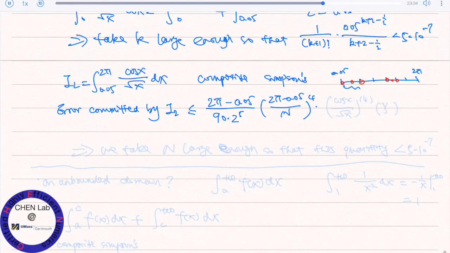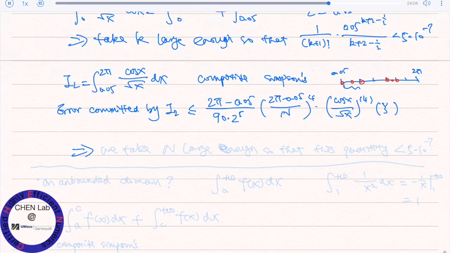And the 4th derivative of cosine x divided by square root of x, this guy, the 4th derivative at some c, which you can bound.